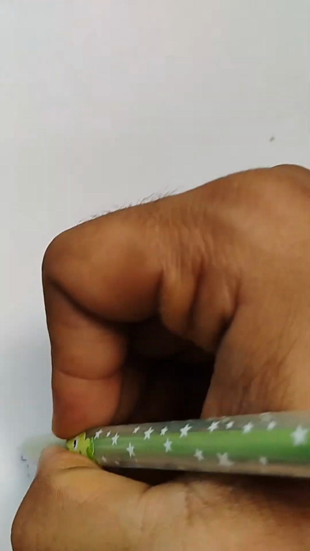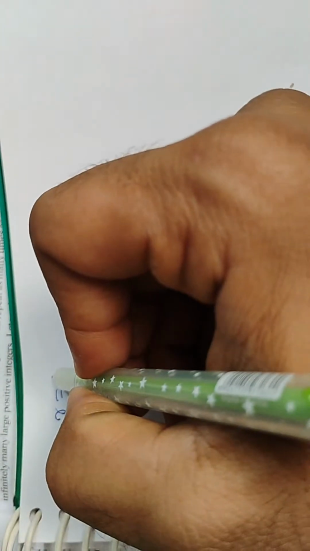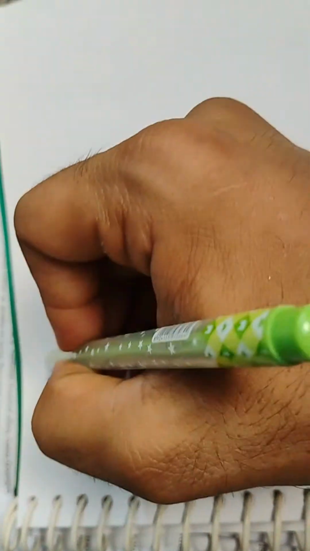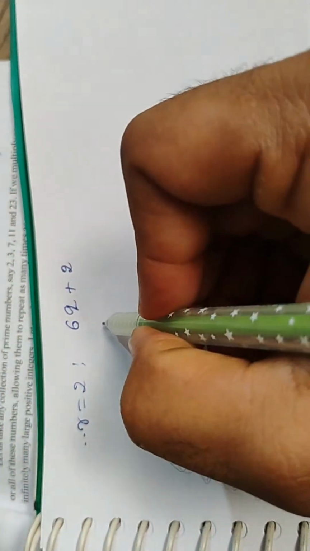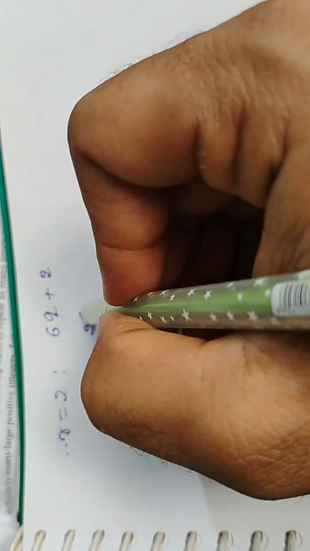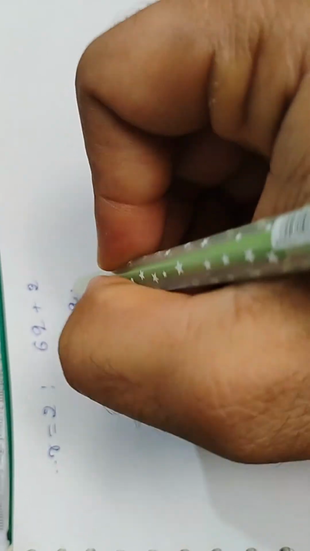Now look at again. If r is equal to 2, what can you write? 6q plus 2. Now here, taking 2 common, we can write 2 into 3q plus 1.